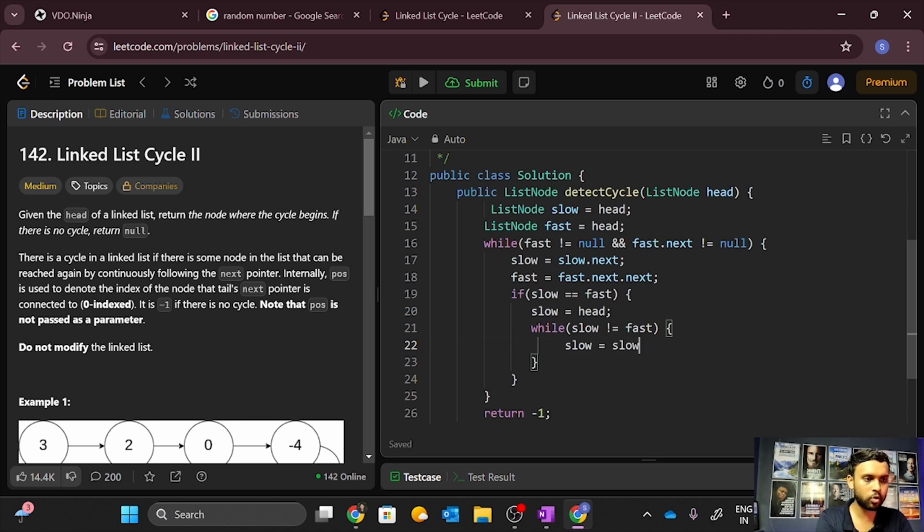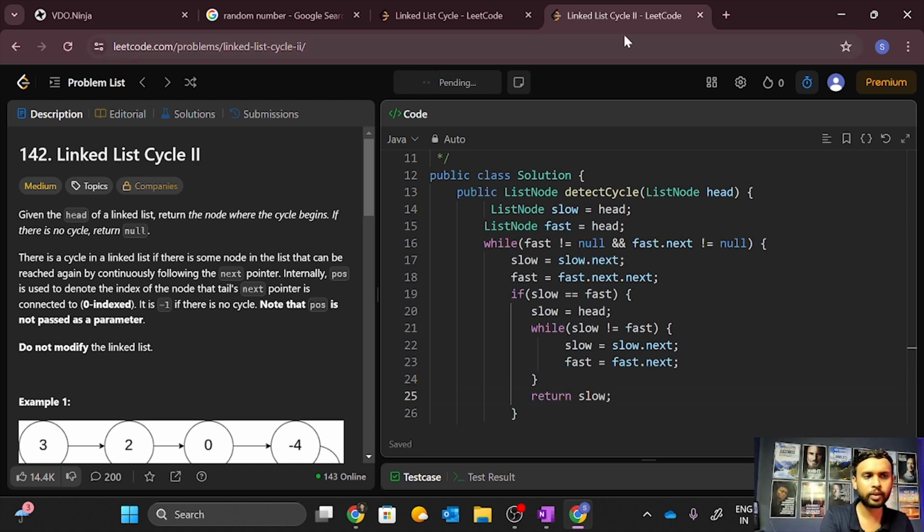So slow will go to slow.next, and fast will go to fast.next, and these will keep on incrementing until they are equal again. Once they are equal, we come outside the loop, and that is the starting point of our cycle. So I can return either of them from here.